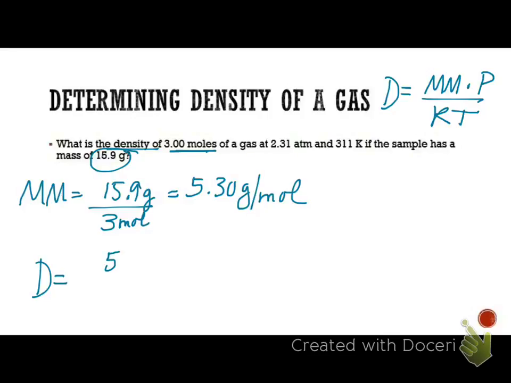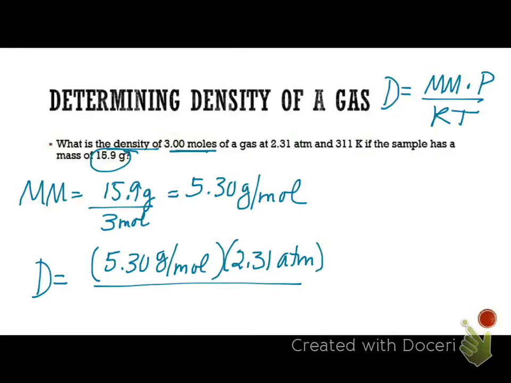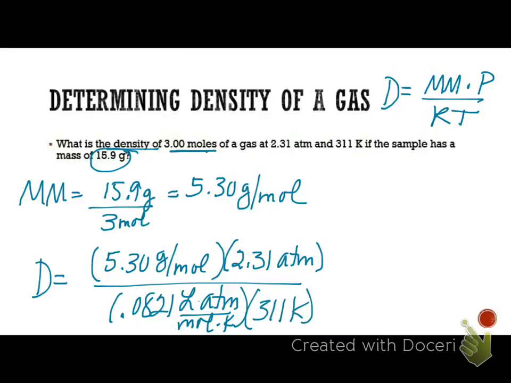Now I can throw that in my equation. 5.30 grams per mole. We have the pressure, 2.31 atmosphere. We have our R value, 0.0821. And we have our temperature, oh look, they already gave it to us in Kelvin.